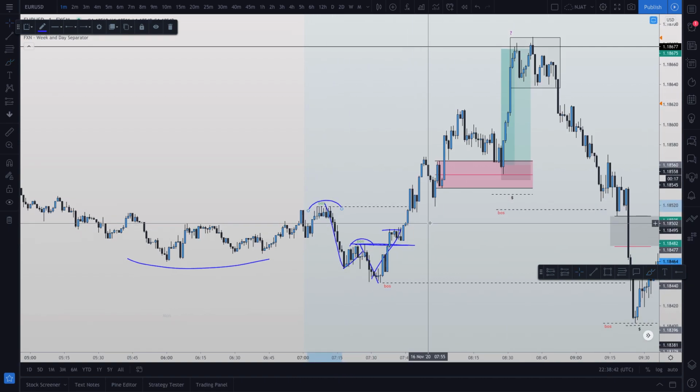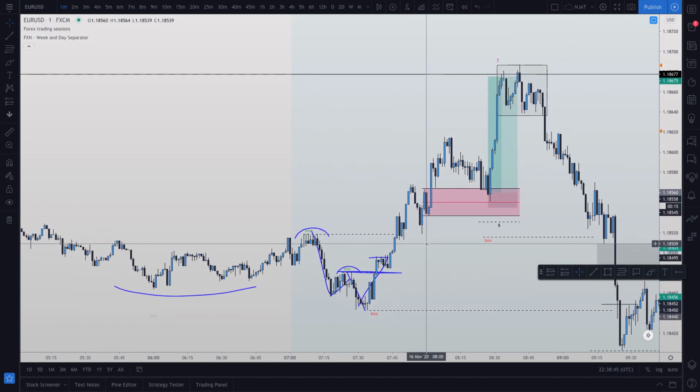So this is showing us that we've had a full structure shift essentially, and what it's telling me is that I can start looking for continuation trades.